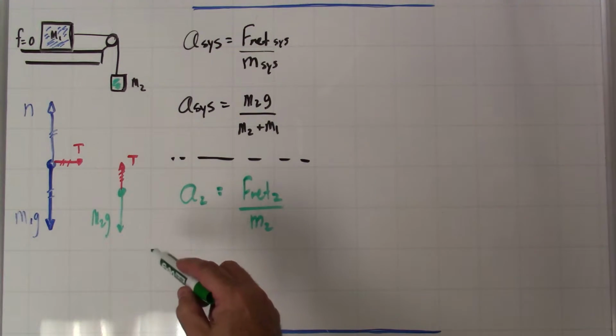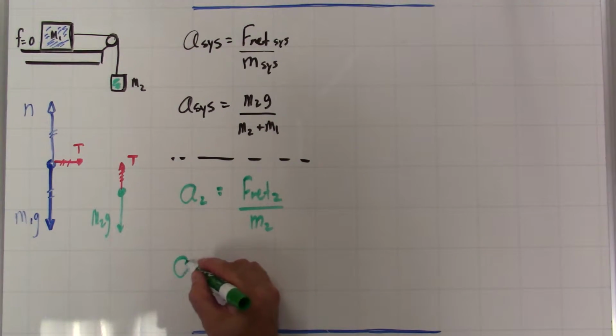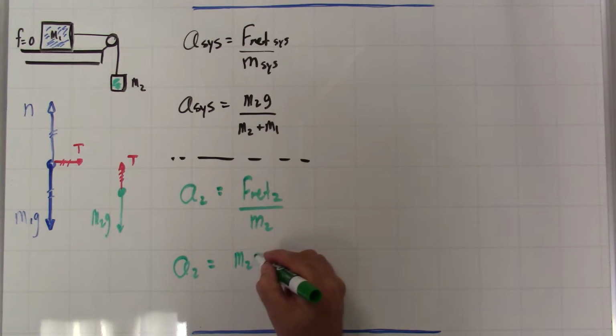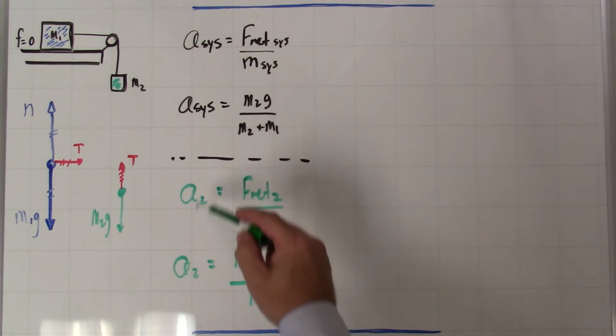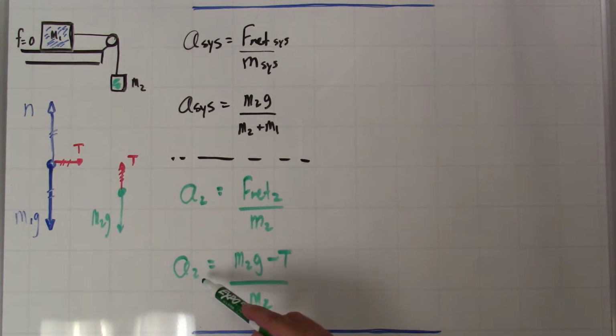And in order to get the net force, it's going to be the unbalanced force given by the force diagram. The acceleration of block 2 is equal to M2G minus T all over M2. The acceleration of the system is equal to the acceleration of block 2. That's why we do big minus small, is to keep it all positive. And if you knew the acceleration, you could plug and chug and get the tension.